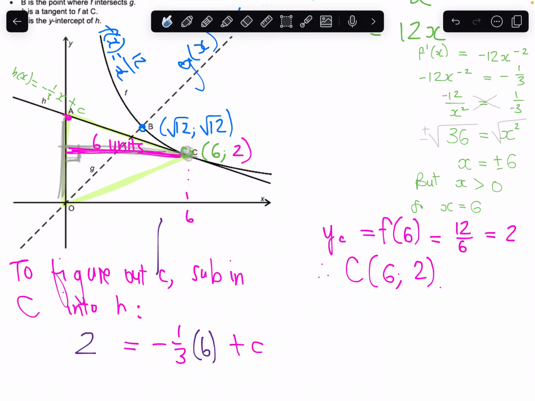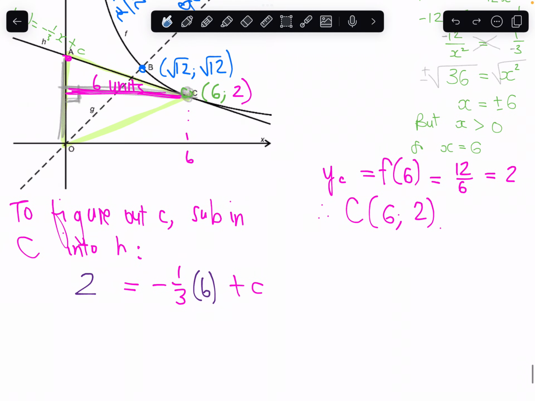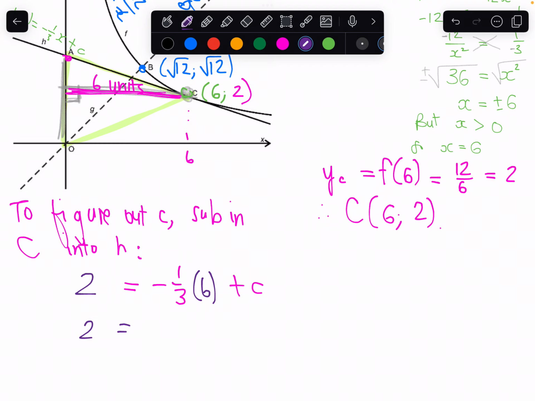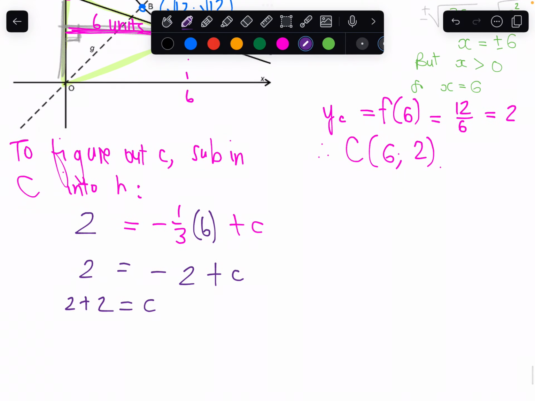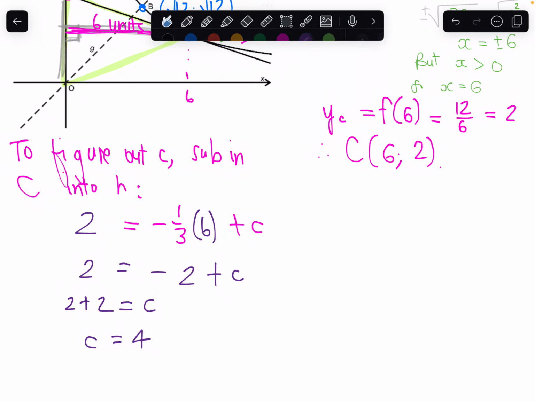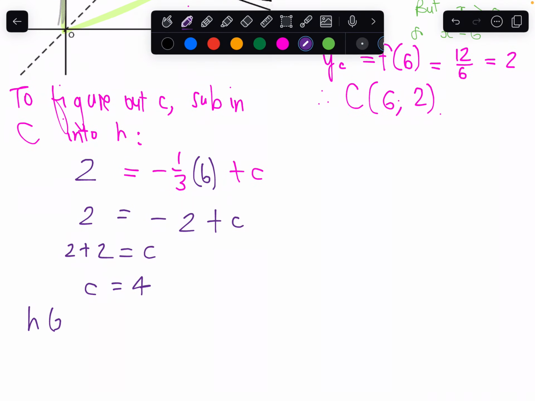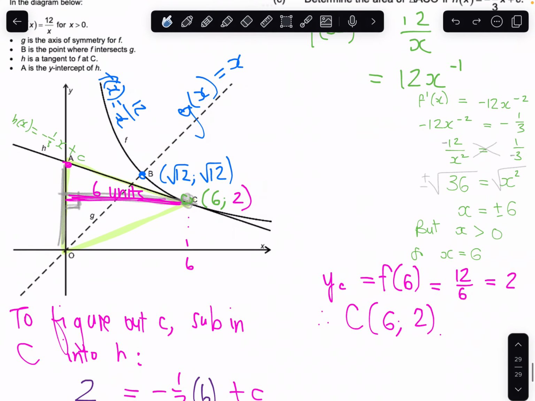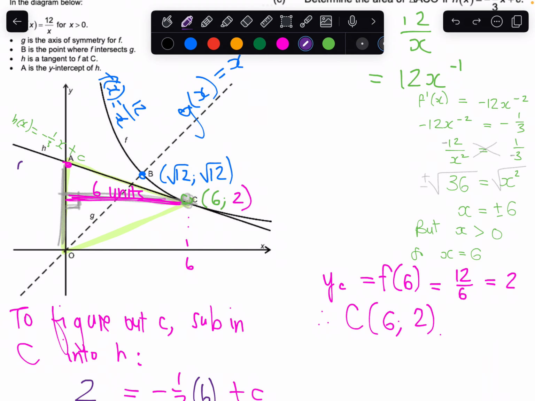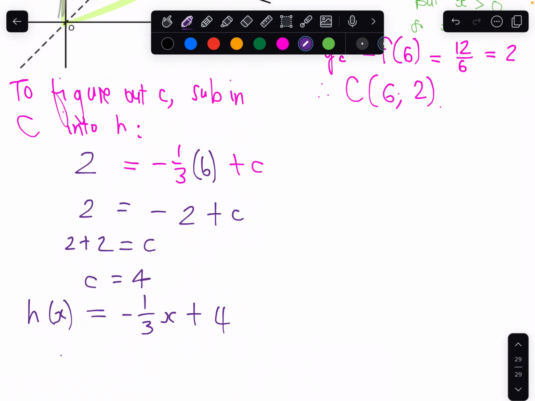Okay, so now let's solve. We have 2 is equal to negative 2 plus c. So 2 plus 2 is equal to c. So c is equal to 4. So h of x is equal to negative a third x plus 4. And this is the y-intercept, which we're told is A. So that means that A has coordinates 0, 4. Let's just write that: A has coordinates 0, 4.